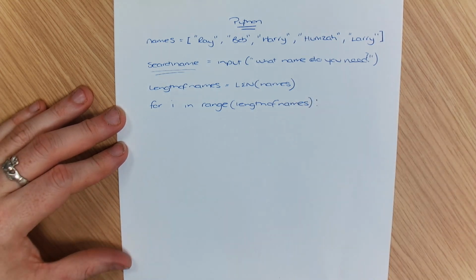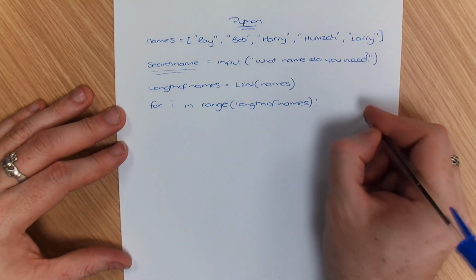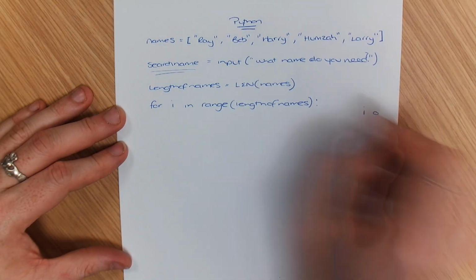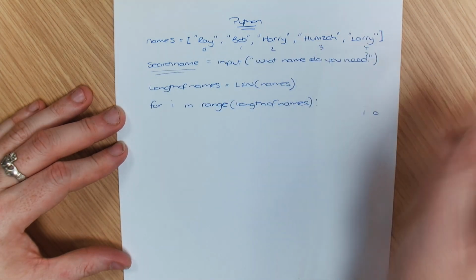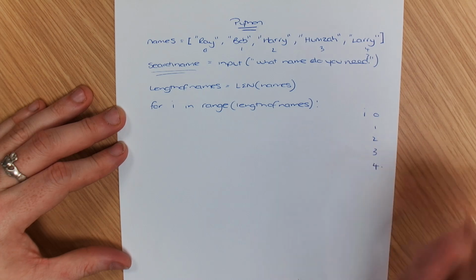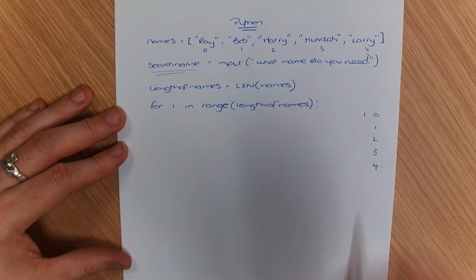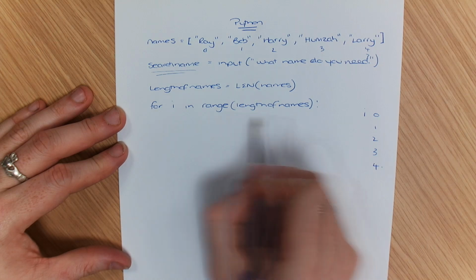That is now going to turn I into our index, so the value of I is going to be 0, 1, 2, 3, 4. Remember, at the top end of range in Python, it's exclusive.